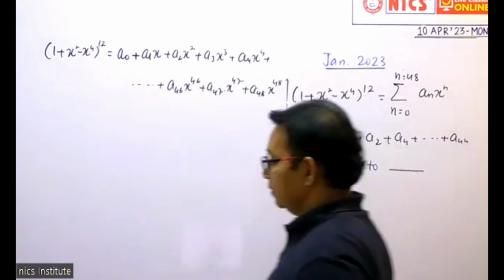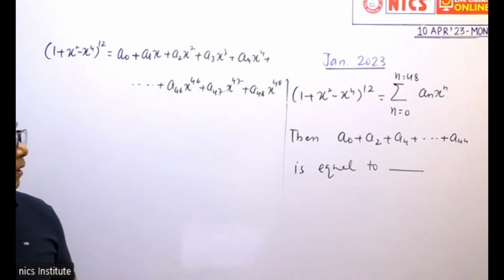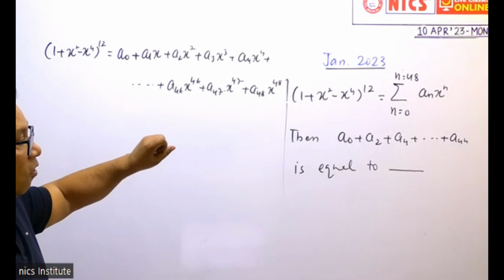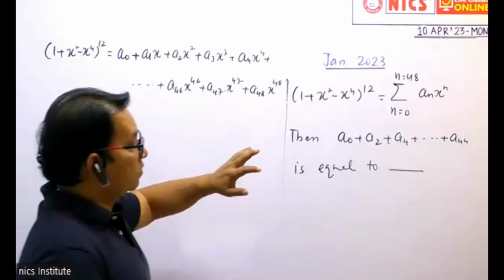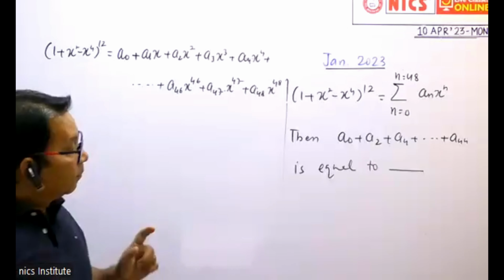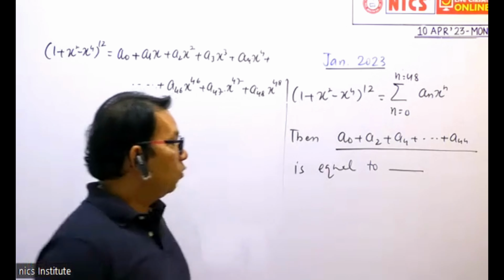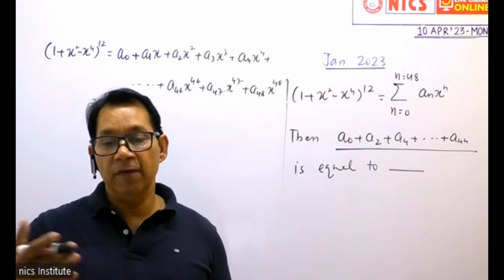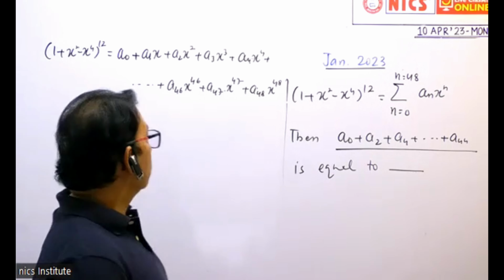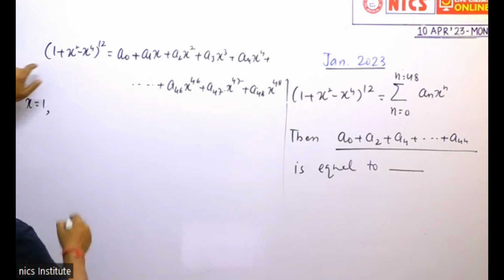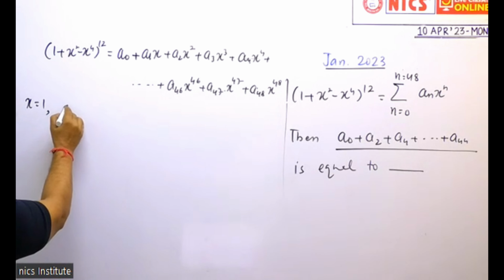Now, many times you can solve these by substituting some values of x, maybe omega, omega square, iota, minus iota, 1, minus 1. But the problem lies here. If it was a₀, a₂, a₄, a₄₆ till a₄₈, this question was very easy. The moment I substitute x = 1, what will be the left hand side? (1 + 1 − 1)¹², so it will be basically 1.